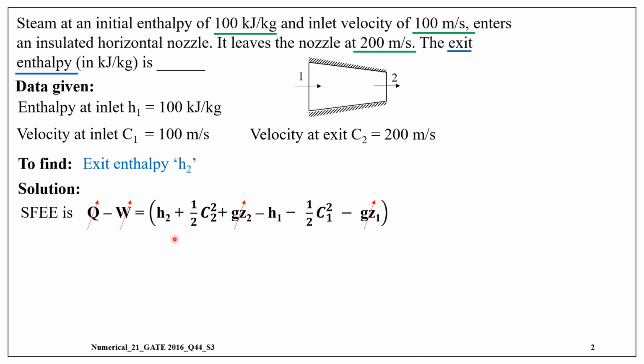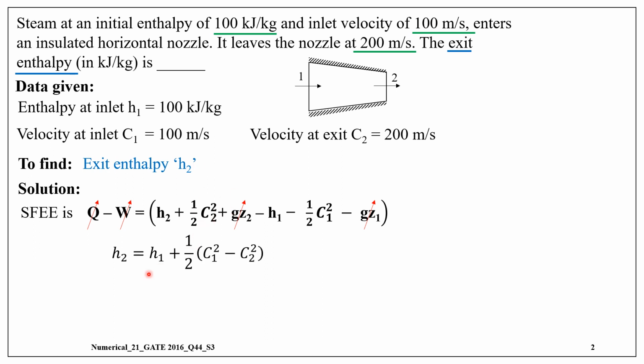Our aim is to find out H2. We need the answer in kilojoules per kilogram, meaning mass is 1 kg; we don't consider it here.